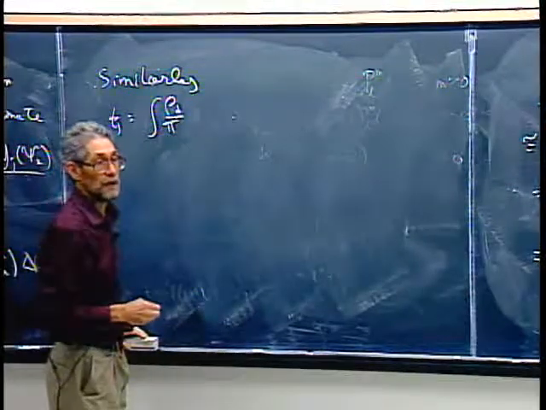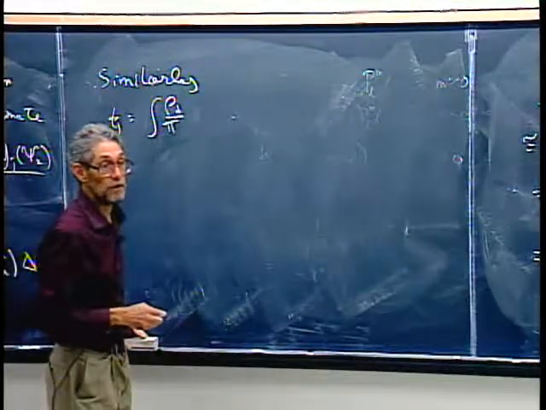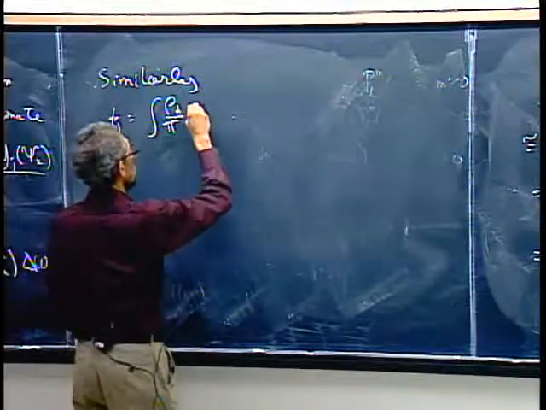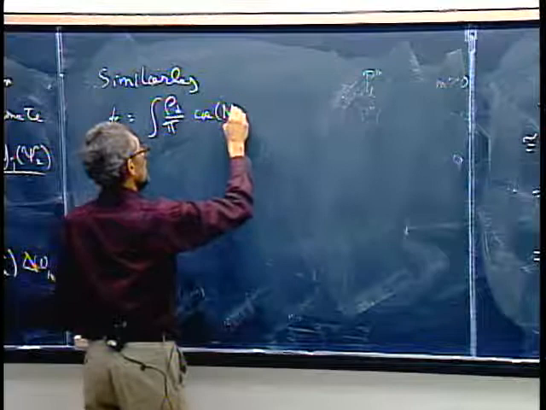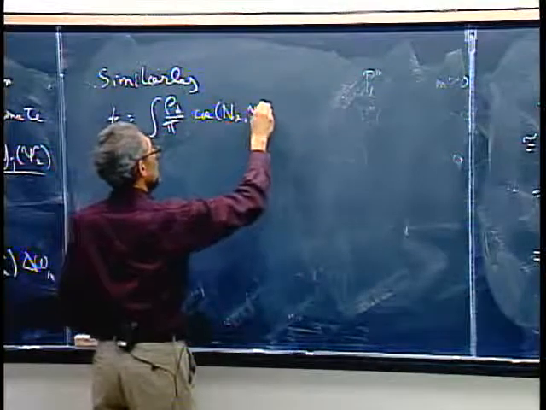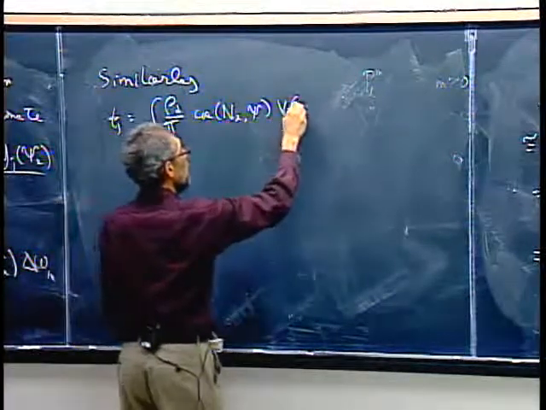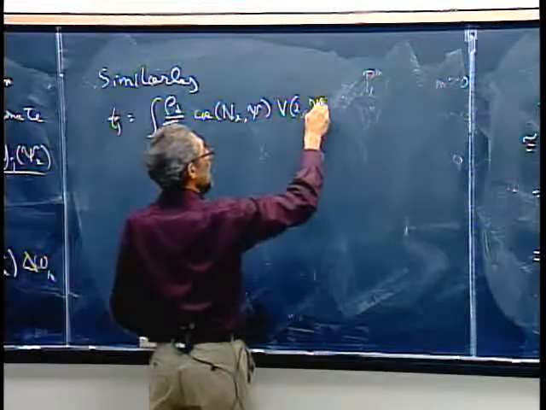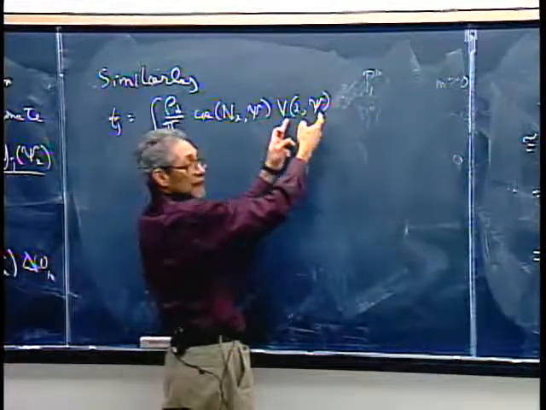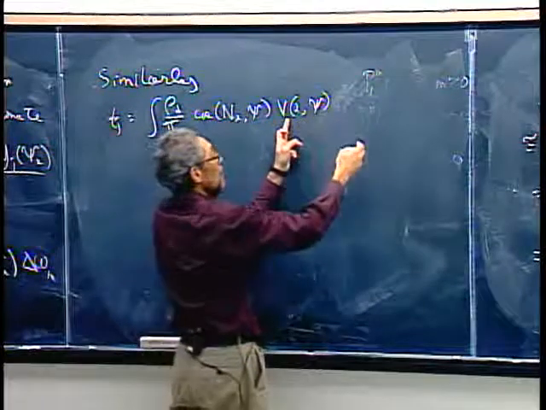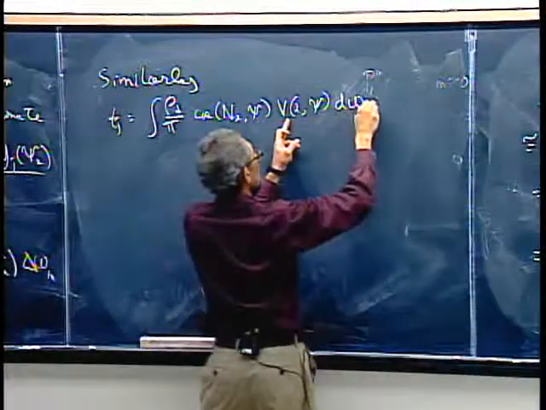So let's do that case first. And then we have the cosine between n_x and psi, and then we have the visibility in direction psi of this infinite sphere. In other words, this visibility is 0 if the ray hits an object and 1 if it gets out to the environment, d omega psi.